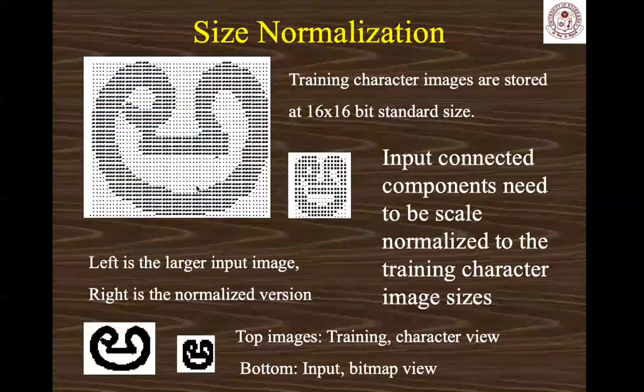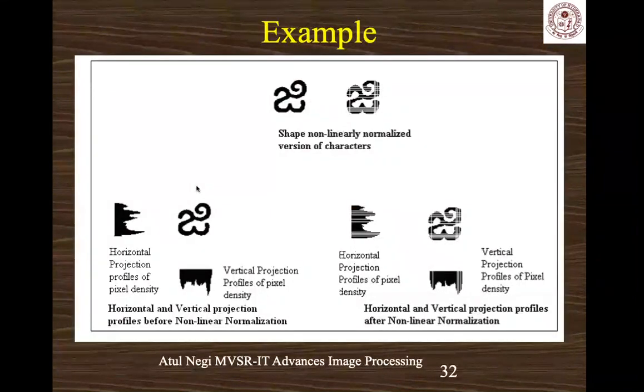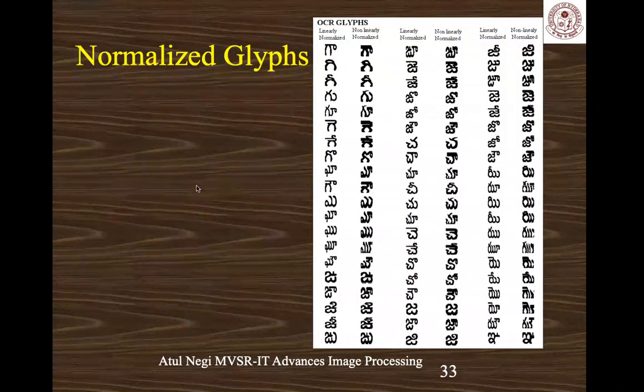And let me see, there is one table in which this is another method where we have non-uniformly sampled the input characters. Okay, in this table you can just get an idea of what all the glyphs are which are there.